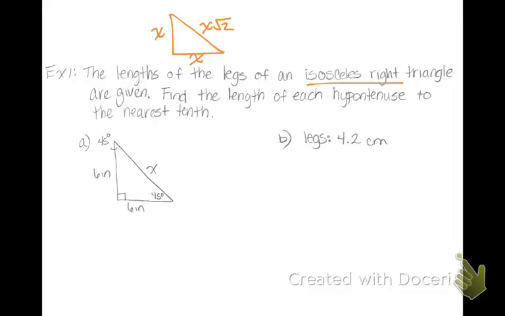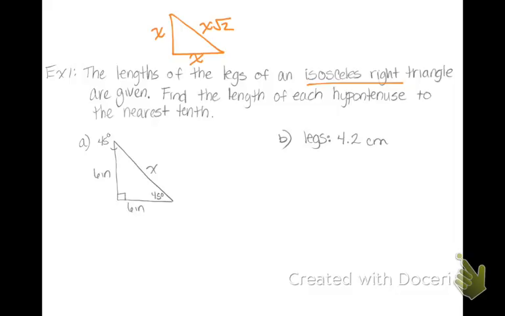Example 1: the lengths of the legs of an isosceles right triangle are given. Find the length of each hypotenuse. So that's x square root of 2. You will need your calculator because you need to find out what square root of 2 equals when you do the problem, multiplying it.